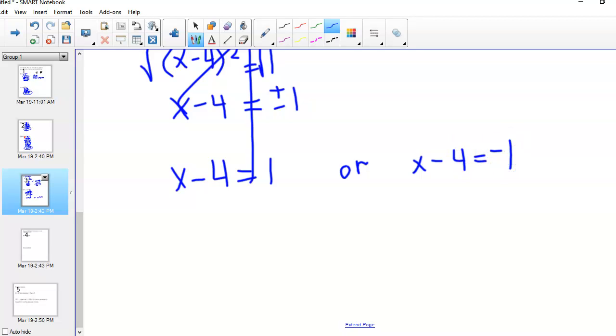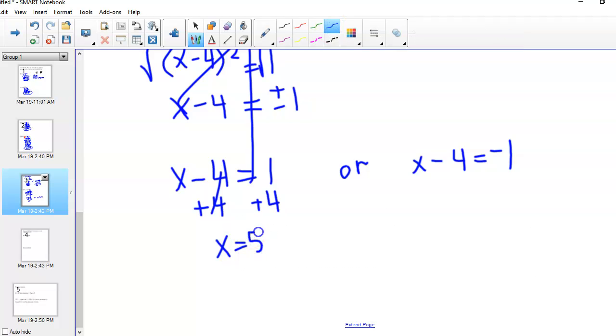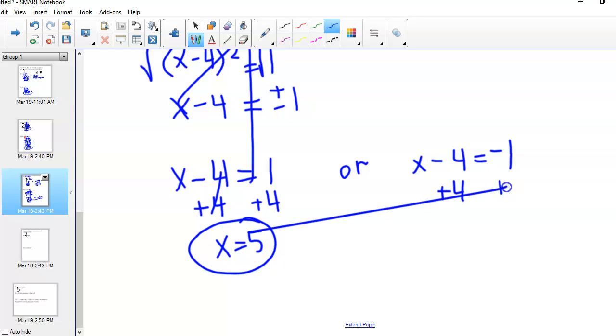And so when we do that, we can add 4 to both sides here. And so x will equal 5. That's one of our equations. And then we have the plus 4 and the plus 4 over here. And so x equals 3 right here. So you've got two answers, the 5 and the 3 for this problem.